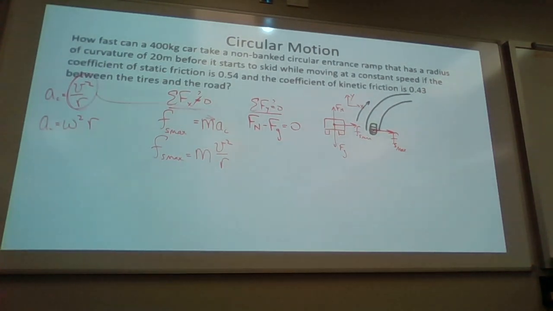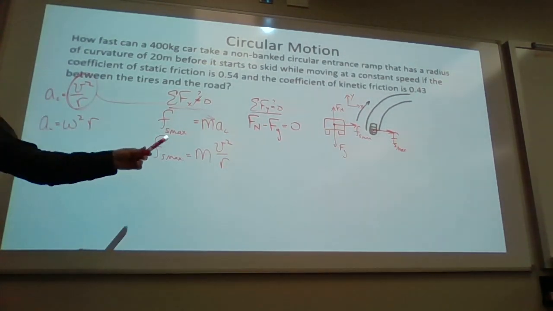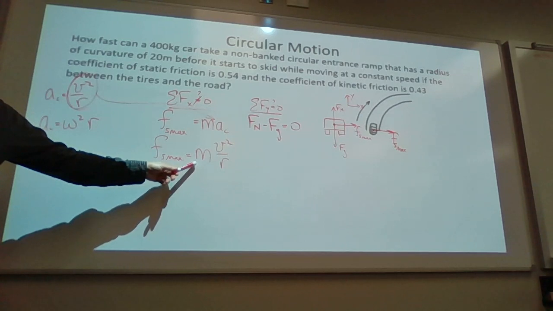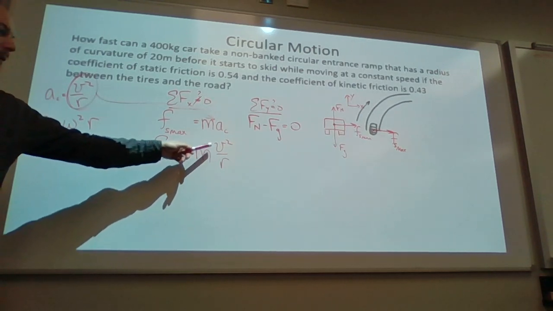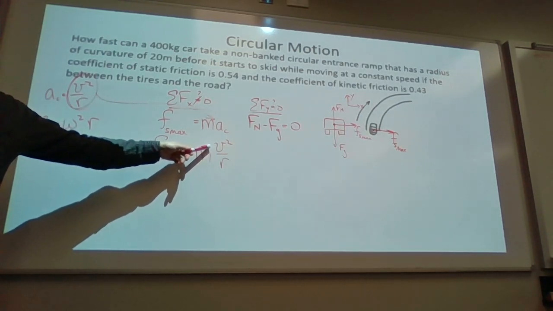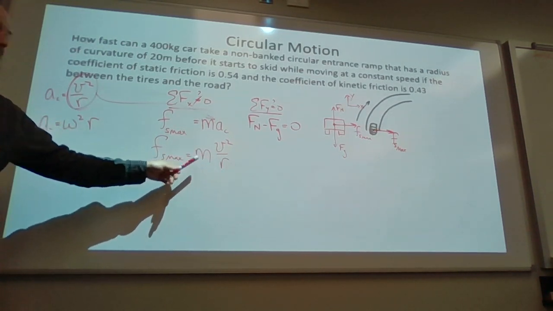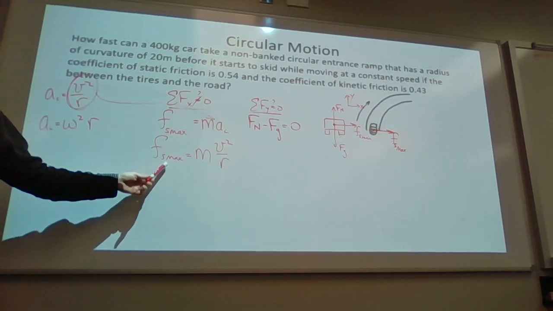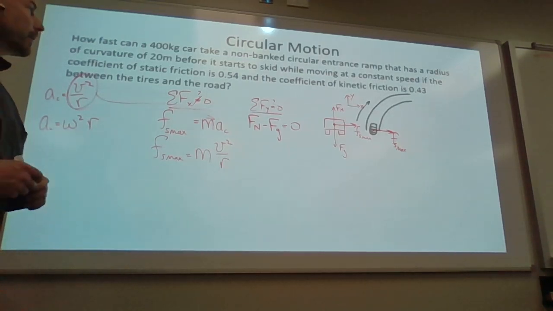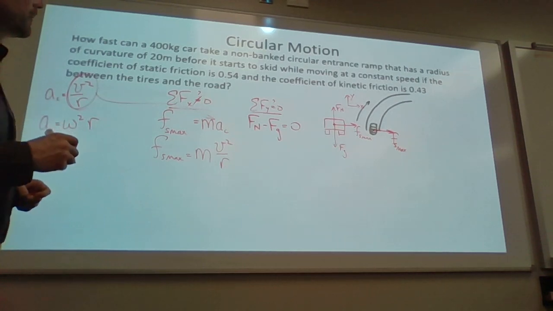Okay. Now, do we have mass? Yes. Speed? That's what we're looking for. Radius? Yes. Do we have maximum static friction? Is this 0.54? 0.54.